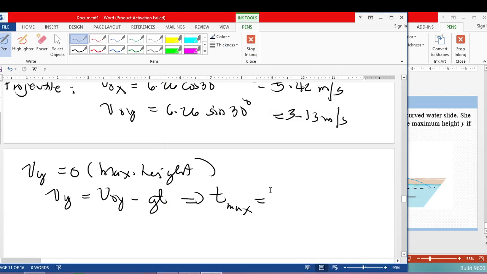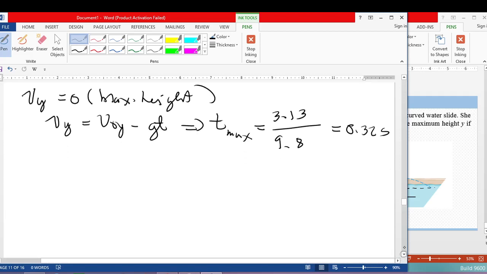So the time is 3.13 divided by 9.8, that is 0.32 seconds.